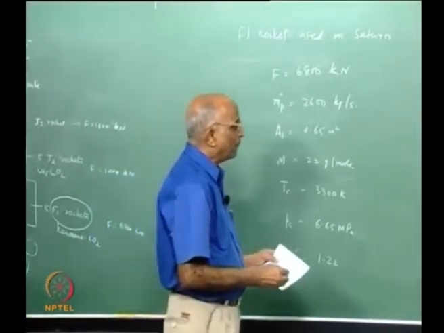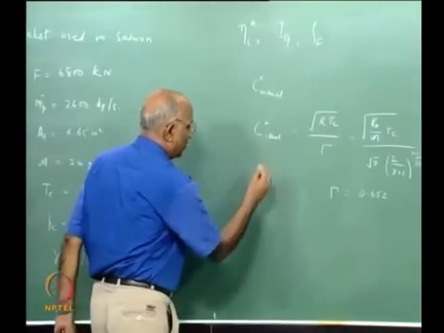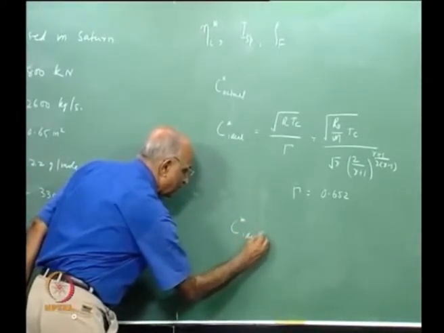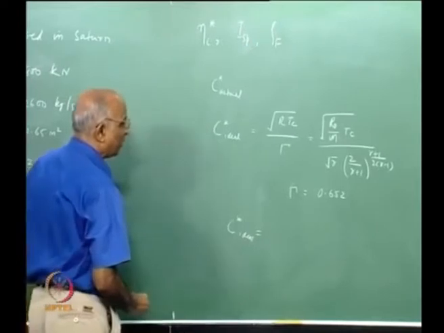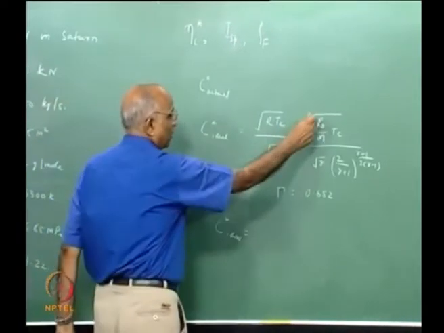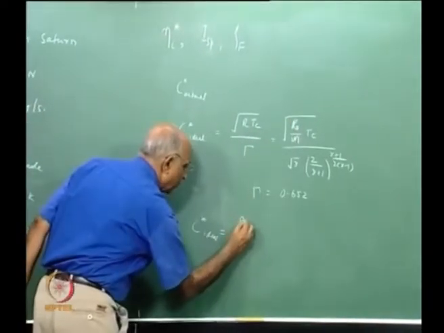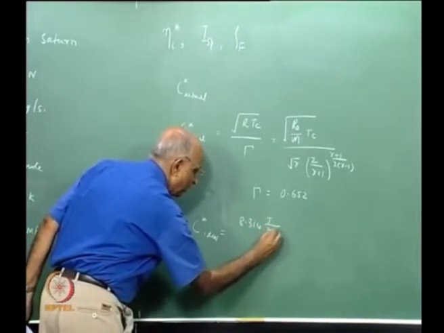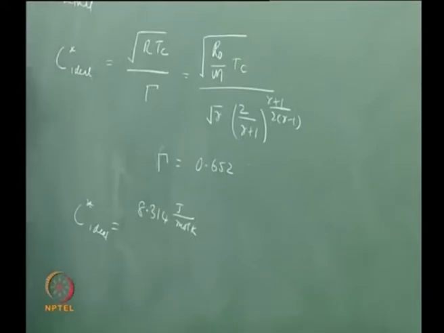And therefore, I want the C star ideal. C star ideal is equal to, now let us substitute the value, R naught universal gas constant 8.314 joule per mole Kelvin. Please write the units whenever we do a problem.